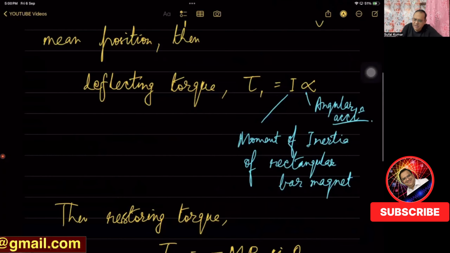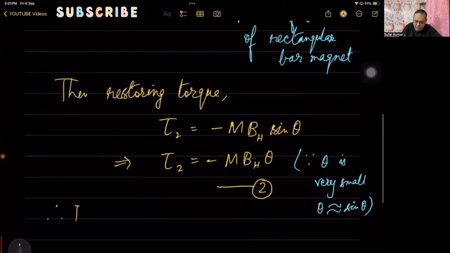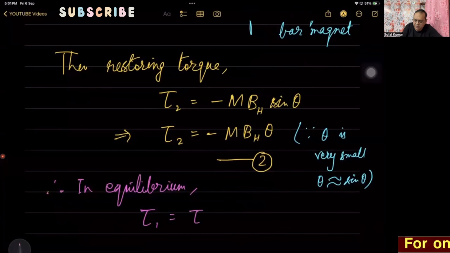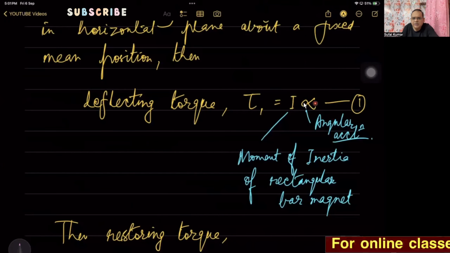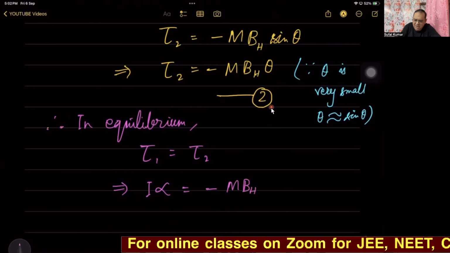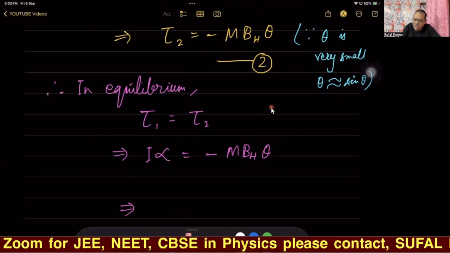This way we have got two expressions, 1 and 2. Therefore, in equilibrium, tau 1 is equal to tau 2. It implies that I alpha is equal to minus mBH theta.